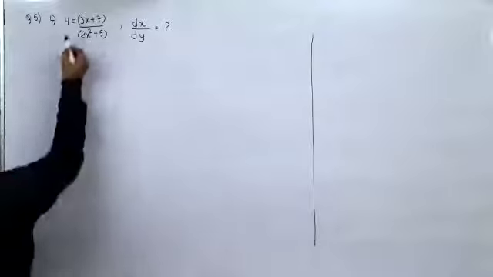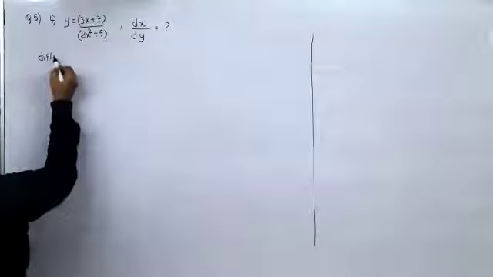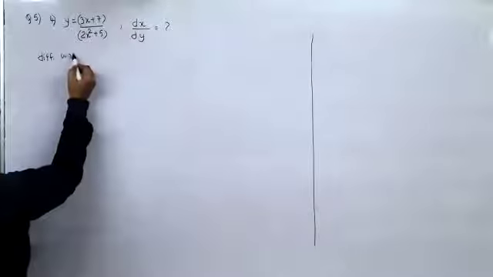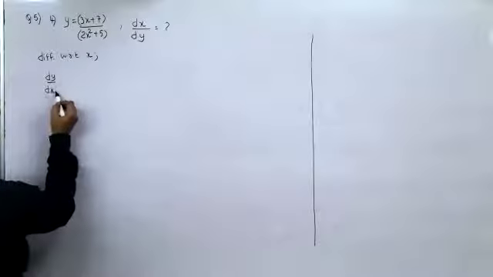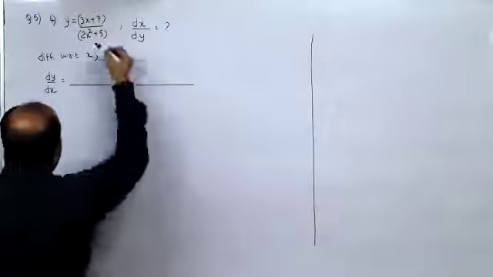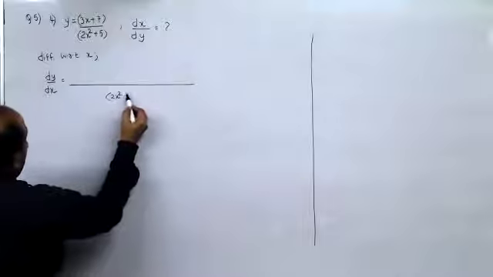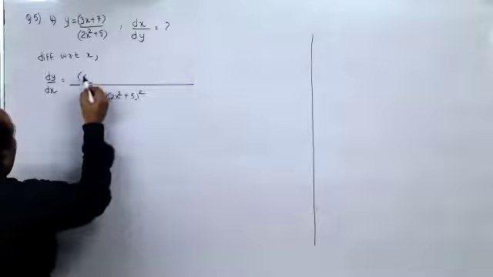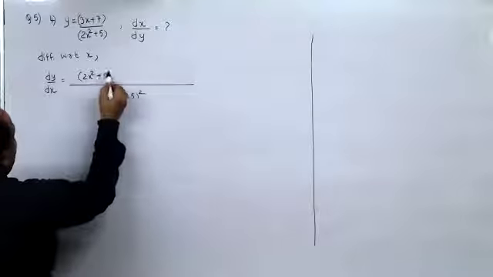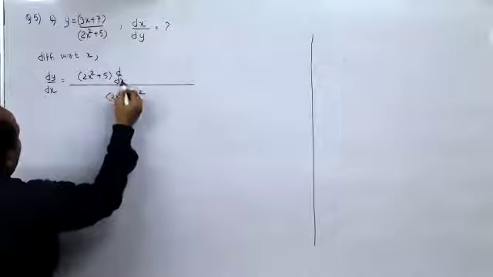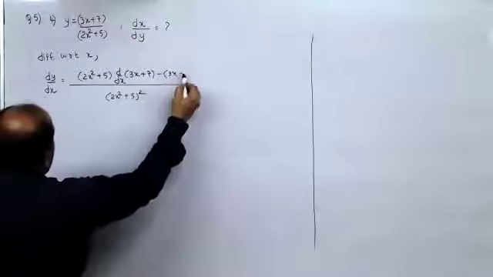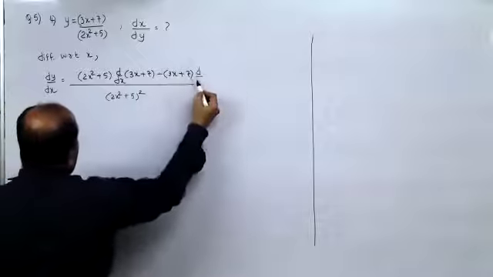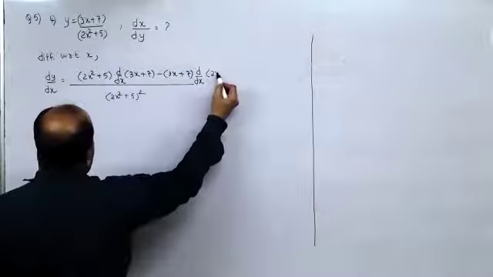Now here, when I differentiate with respect to x, you get dy by dx equal to, first in the denominator we'll write 2x square plus 5 the whole square, and then in the numerator we'll write 2x square plus 5 into derivative of 3x plus 7 minus 3x plus 7 into derivative of 2x square plus 5.